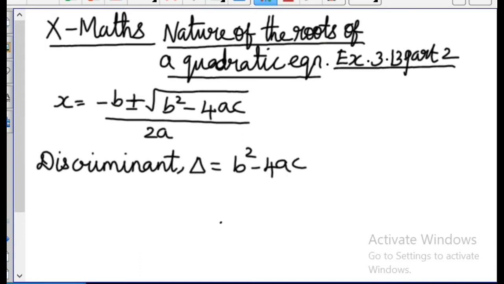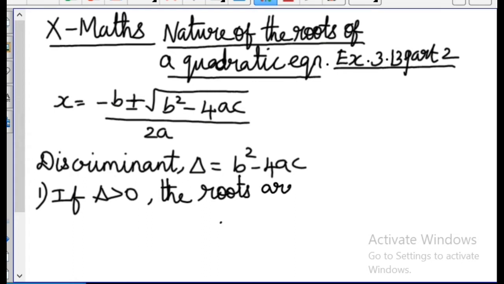There are three conditions. Once again we recall the nature conditions for the roots. If delta is greater than 0, the roots are real and unequal.